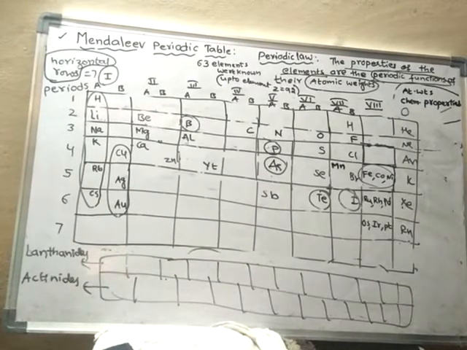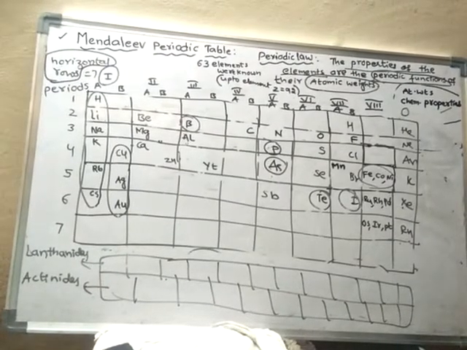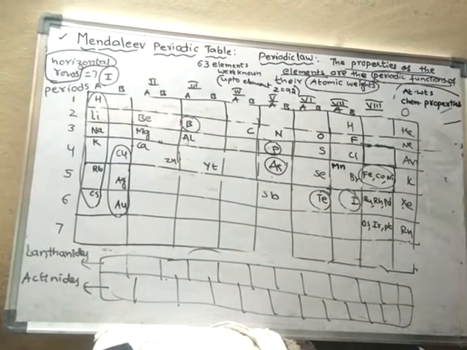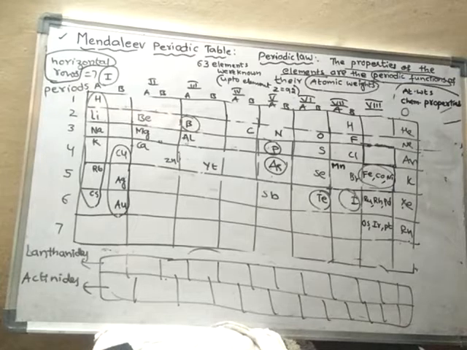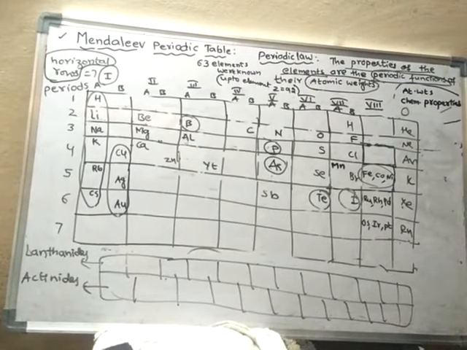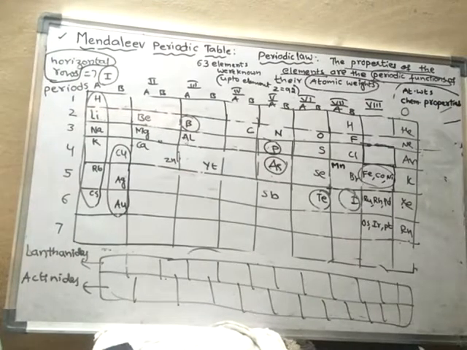Mainly the position of isotopes, anomalous pairs, and the grouping of dissimilar elements together. So there are so many defects, and that is why this Mendeleev periodic table was rejected.